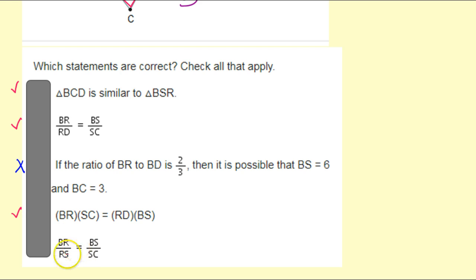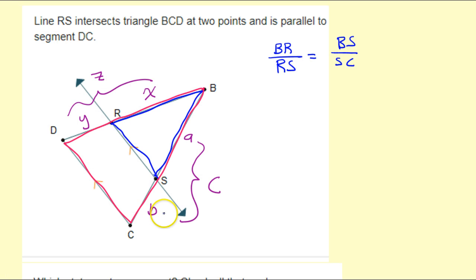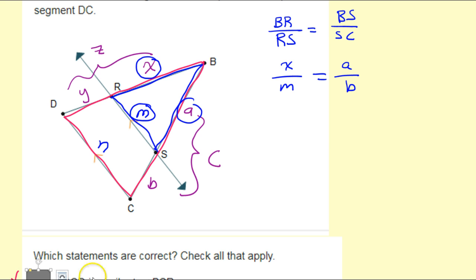Alright, last one. I just recopied it. BR over RS is equal to BS over SC. Using the letters that I've written, this becomes X over M is equal to A over B. So let's see if this makes sense. Let's start with the A over B because it's the most clear. A and B, that's part over part.